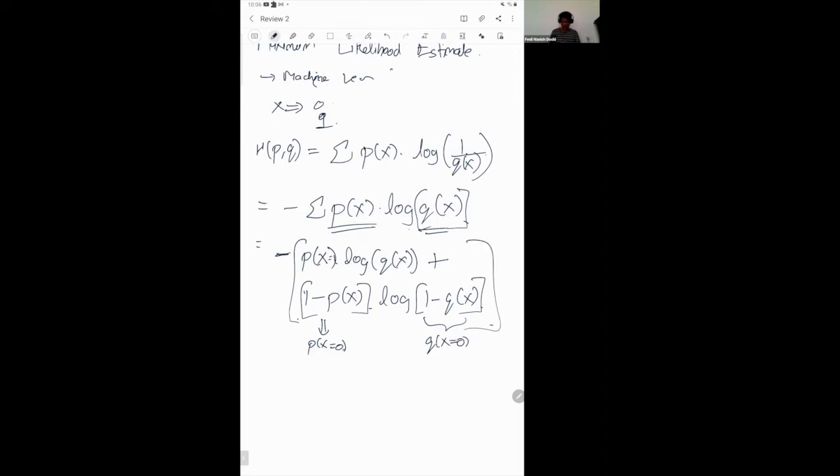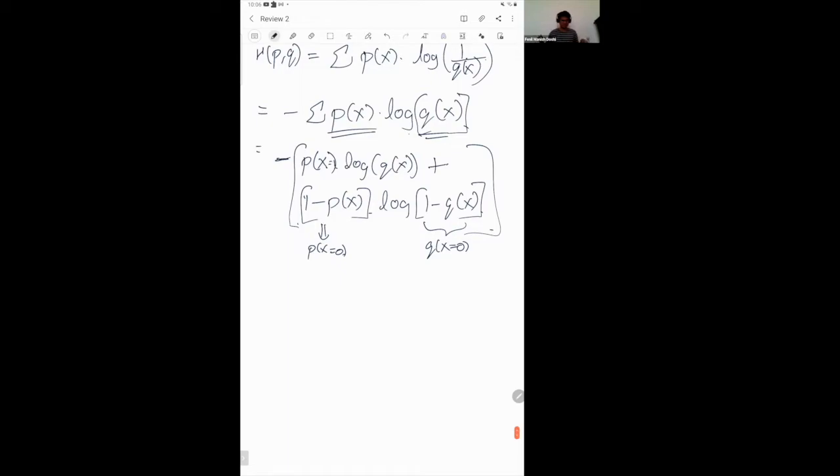Now can you see the similarities between this cross entropy term and the machine learning formula that we use while minimizing the cross entropy loss in classification? This P of X equal to 1 is nothing but your Y while doing classification, and the output of the model, again for classification, is just going to be the probability.